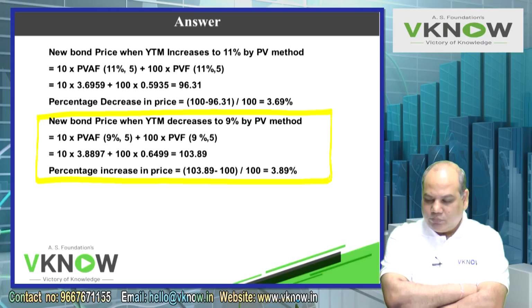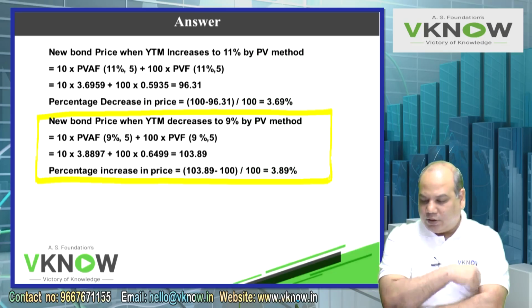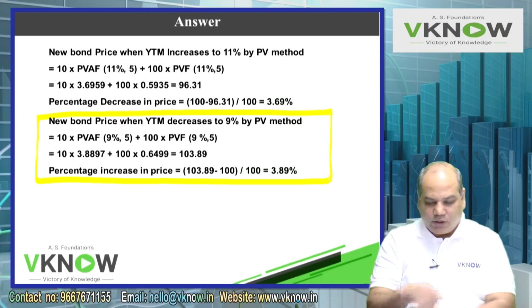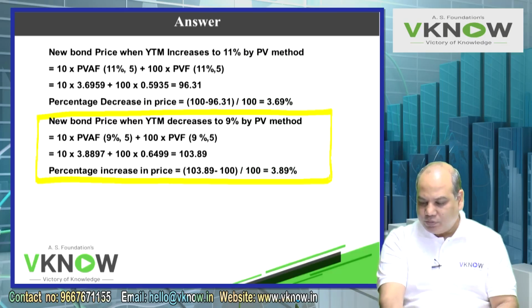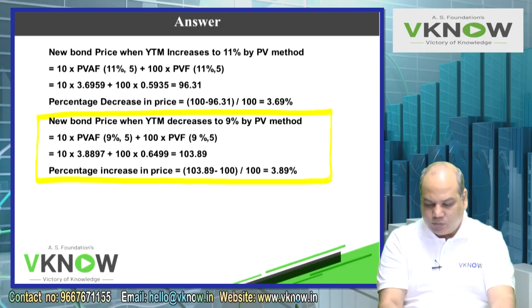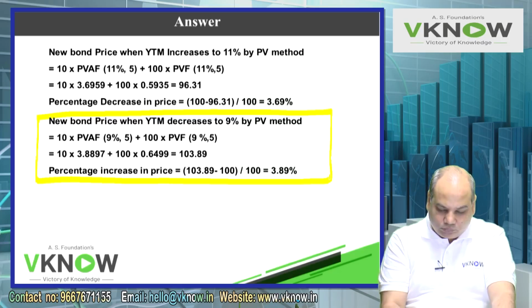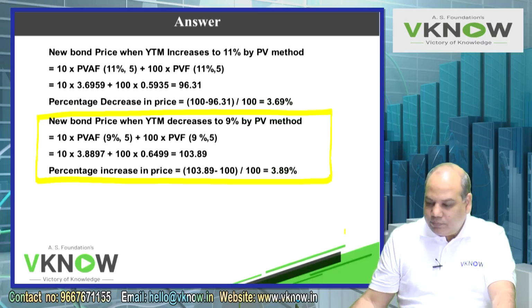Under that, 10 into PV annuity factor, bracket 9%, 5 plus 100 into PV factor, bracket 9%, 5. Solve. Check the factor in your calculator.